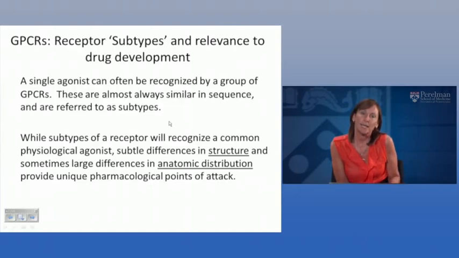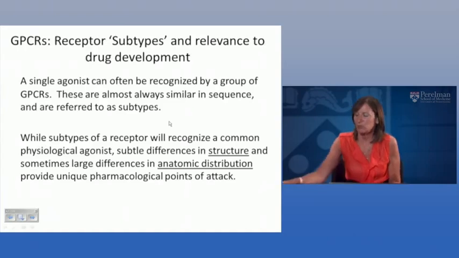And while a subtype of a receptor will recognize a common physiologic agonist, subtle differences in the structure of the receptor, and sometimes large differences in anatomic distribution, provide unique pharmacologic points of attack.